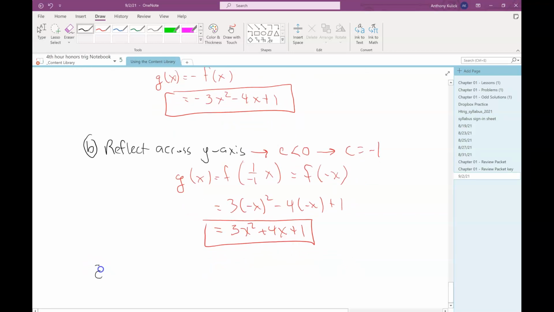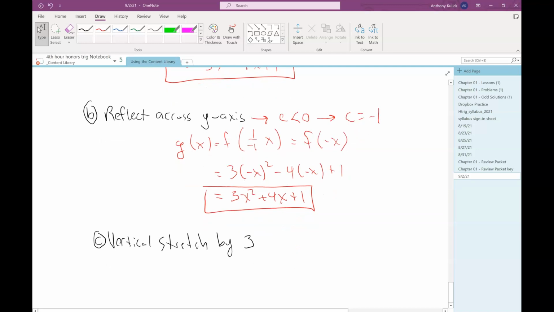What if I wanted a vertical stretch by a factor of 3? So I'm not told that there's any reflection going on. So I know that the a should be positive.